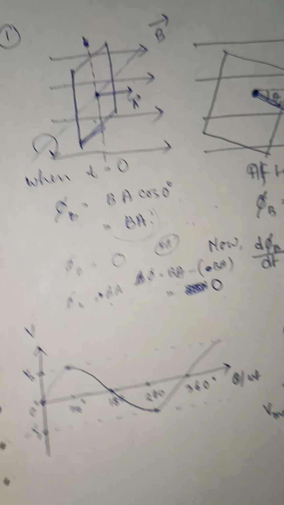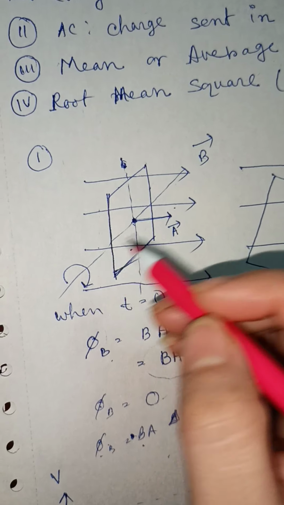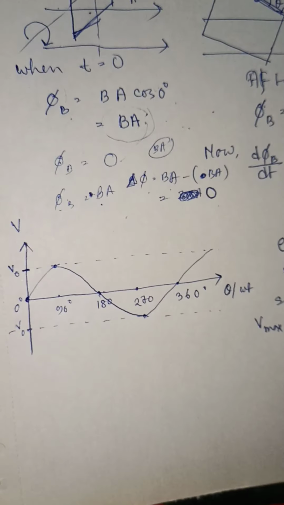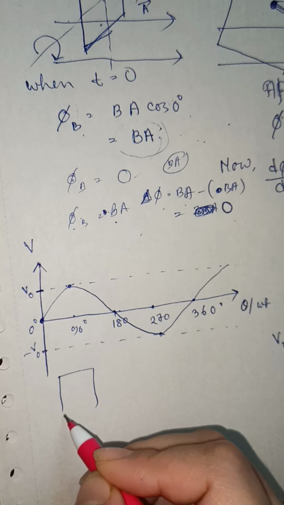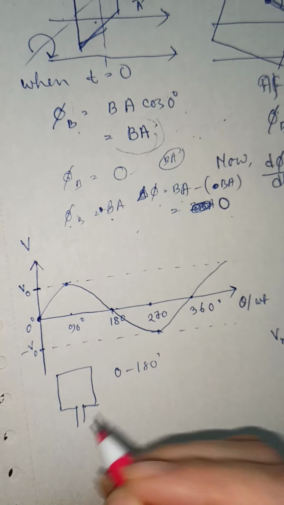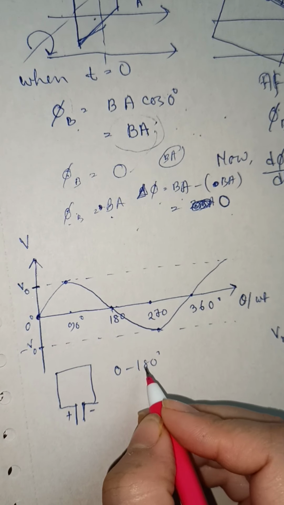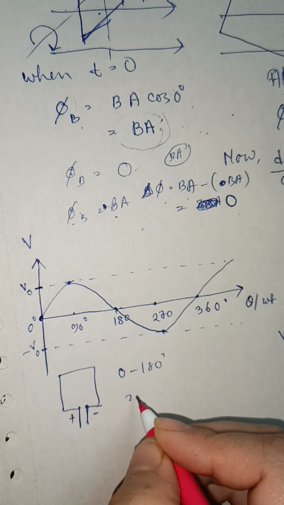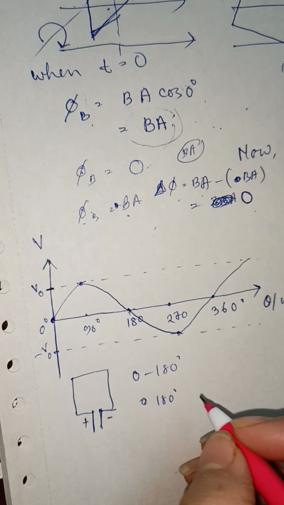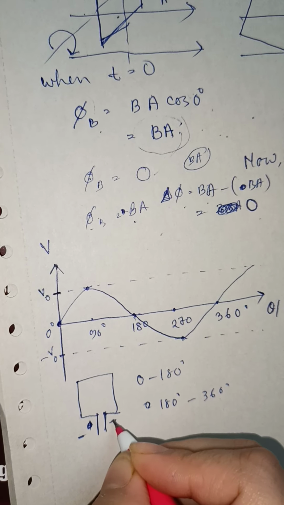If this is a loop, then between 0 and 180 degrees, if this terminal is positive and this terminal is negative, then between 180 degrees and 360 degrees, this one is negative and this one is positive.